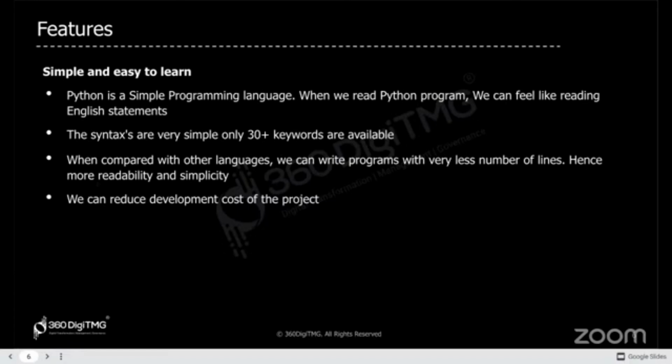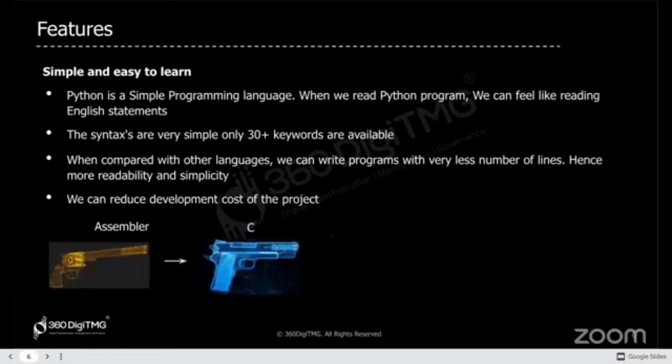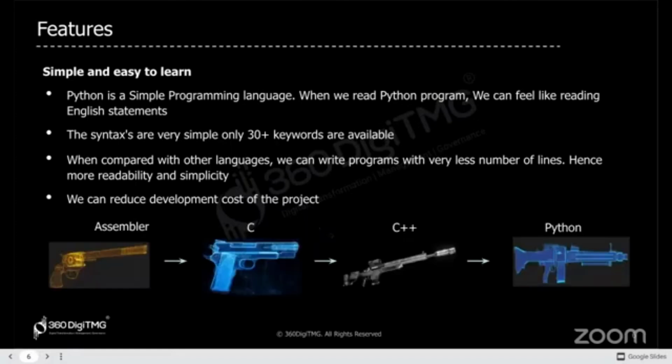So it is much easier to learn the language. It has more readability and is, of course, very, very simple. We can reduce the development cost of a project when we use Python compared to other languages. The capabilities of all these tools come together, giving you a very advanced programming language that is easy to use, easy to implement, and easy to learn.